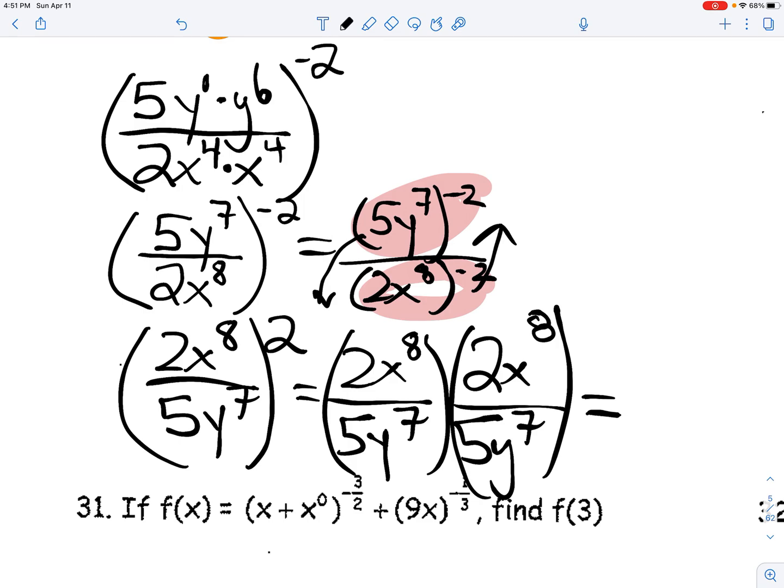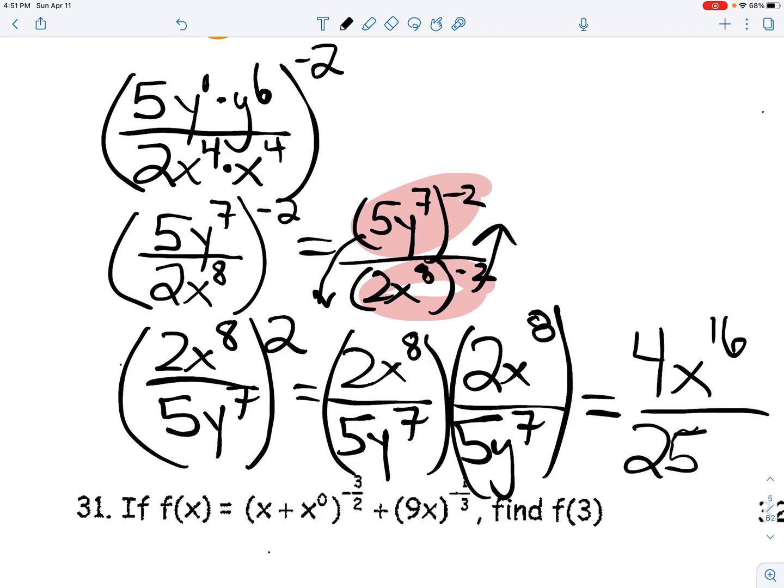And then multiply the tops. 2x to the 8th times 2x to the 8th is 4x. Now remember, add the exponents. 4x to the 16th. Over now, you go 5 times 5.